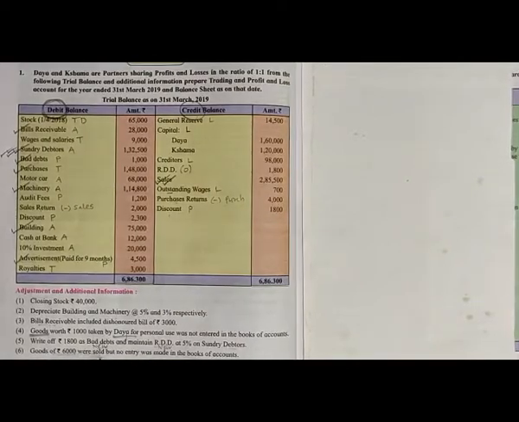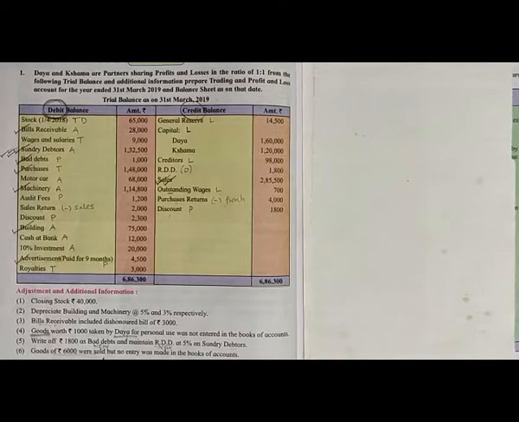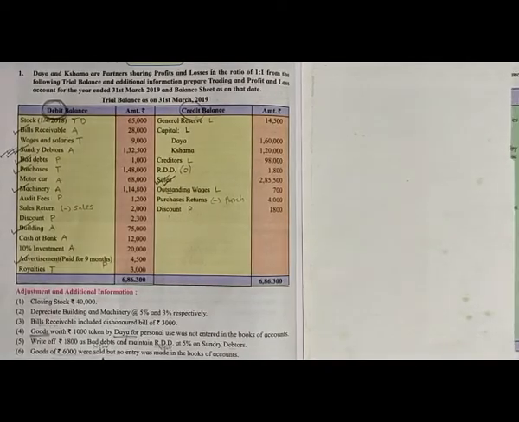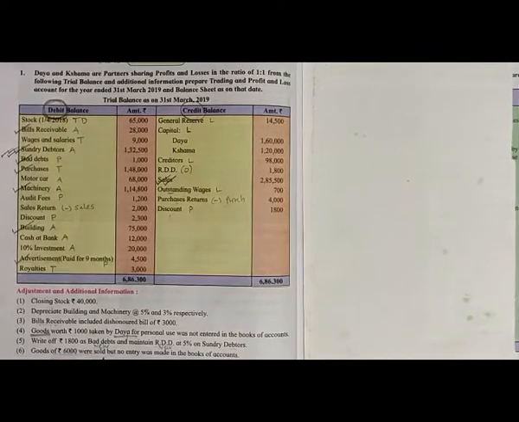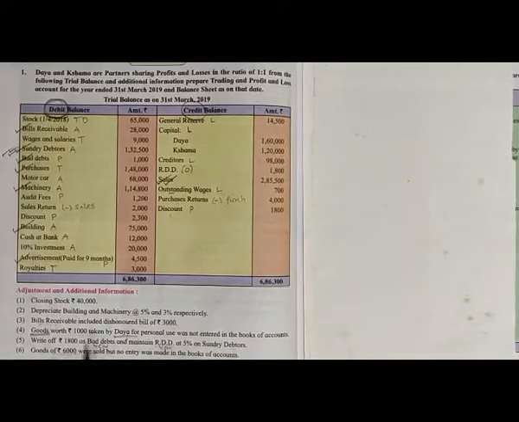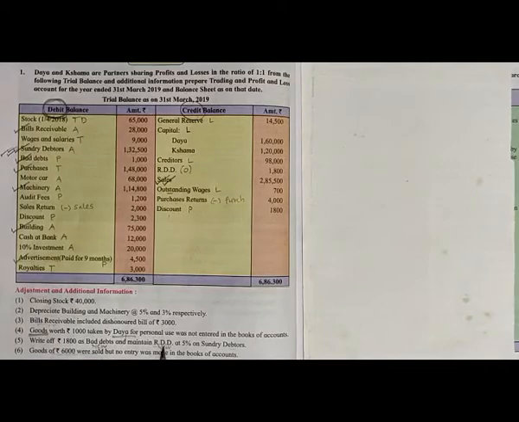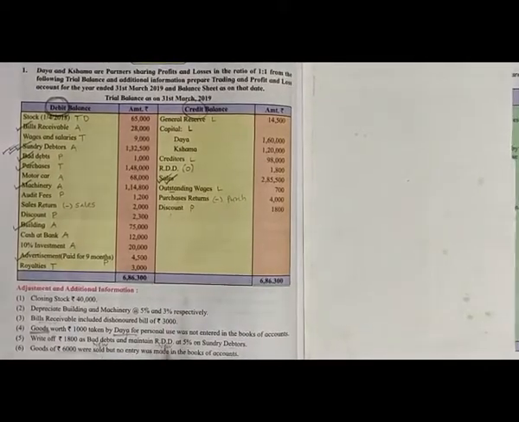If this is unrecorded sales, it is to be added to the amount of sales. It will give us the exact amount of debtors, and on that we will calculate the new bad debts and new RDD. So the adjustment of bad debt and RDD is not to be solved first, it is to be solved later on.